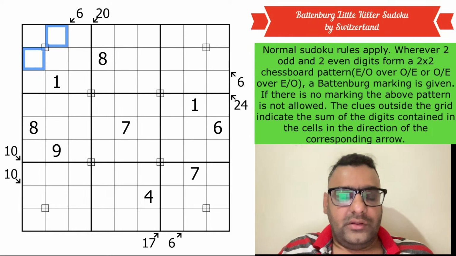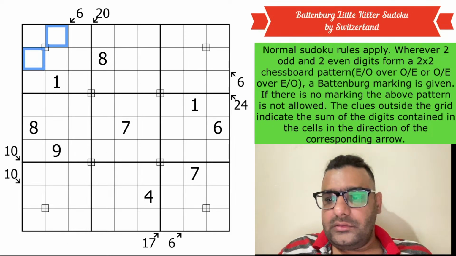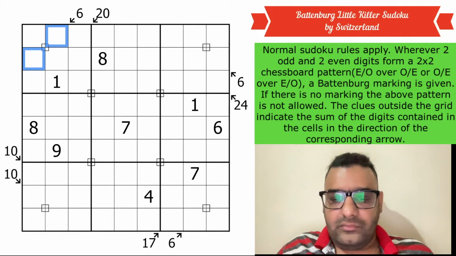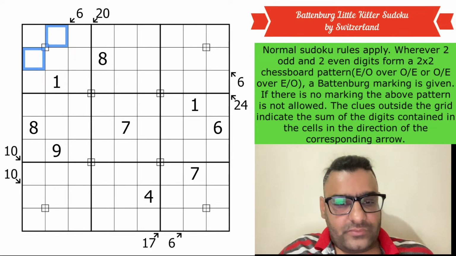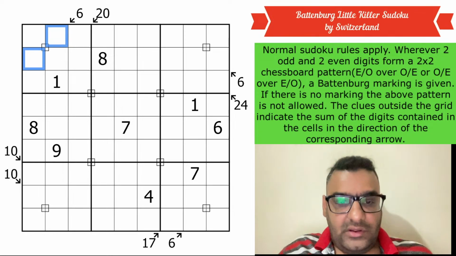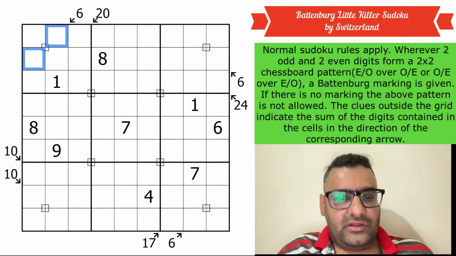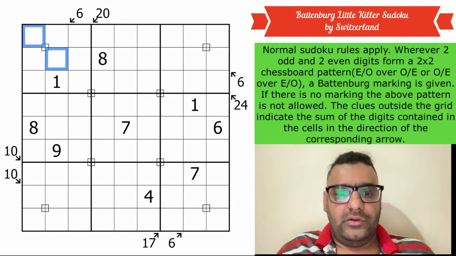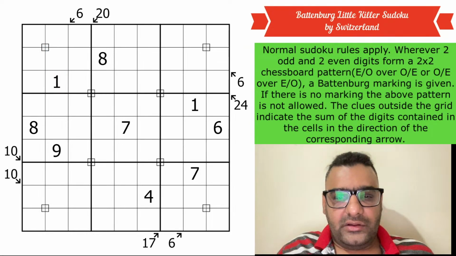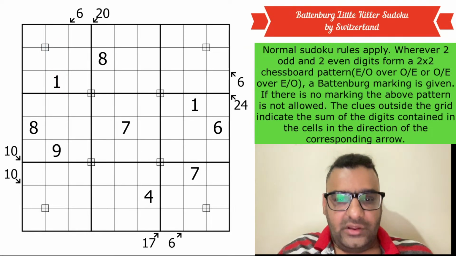I mean, it's like a chessboard type. Okay, this is what is written. And these two numbers, if these are even, these two numbers should be odd. And about these 6 sign and this 20 sign.